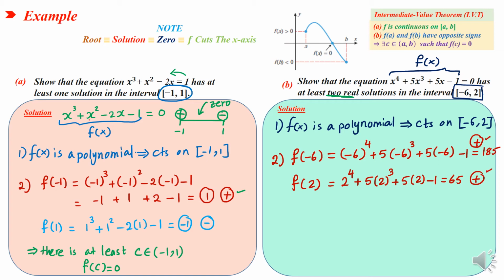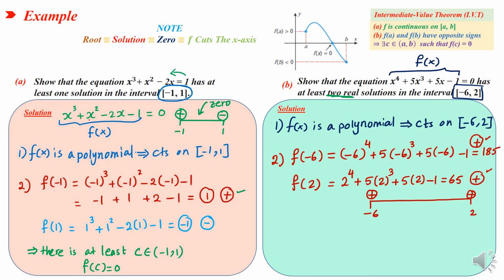We have the same signs for f of a and f of b. So this is negative 6 and this is 2, and the images are positive for the two endpoints, which means we cannot apply the IVT in the given interval.